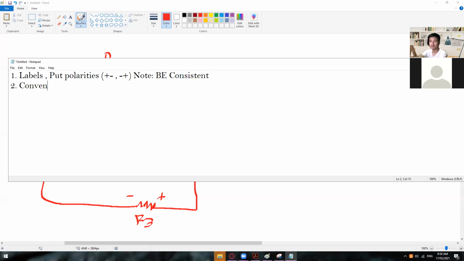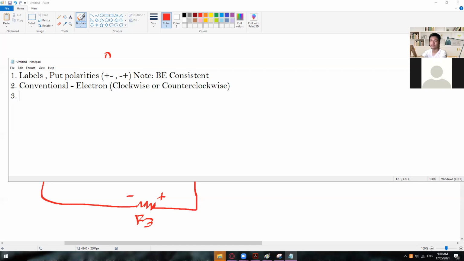The same goes with choosing the method or the flow of current that you're going to use. In my case, I always go conventional, but it's up to you. You can go conventional or electron method. So it's either clockwise or counterclockwise.